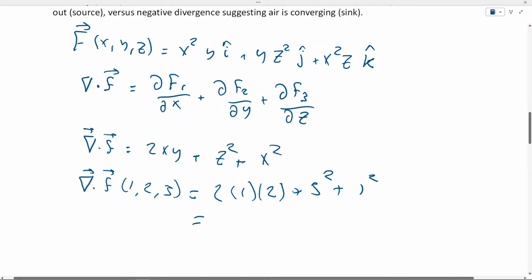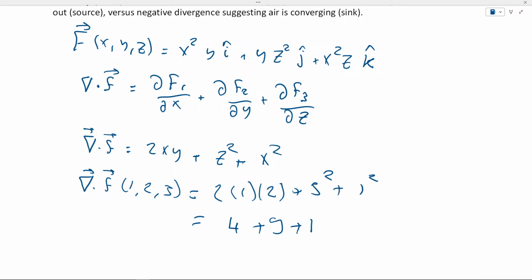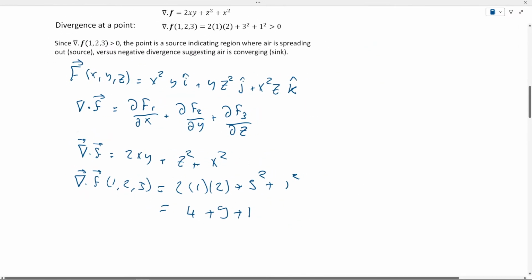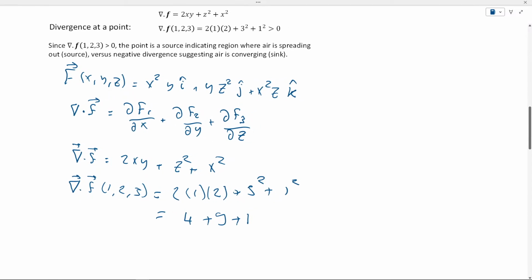If you did this, you got 4 plus 9 plus 1, so that's equal to 14, which is larger than 0. So this is a positive divergence, which means it's a source.